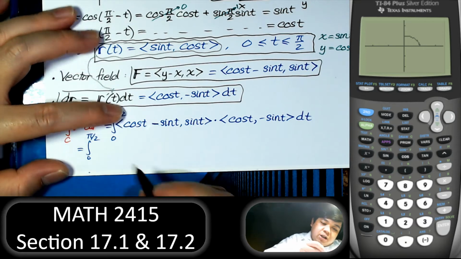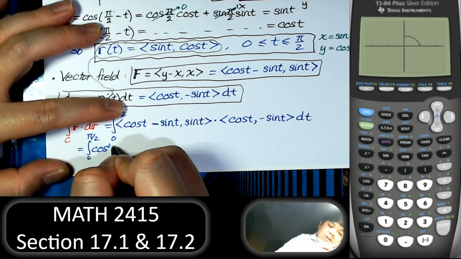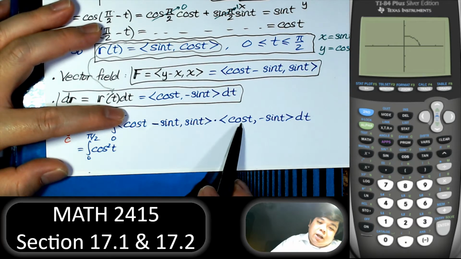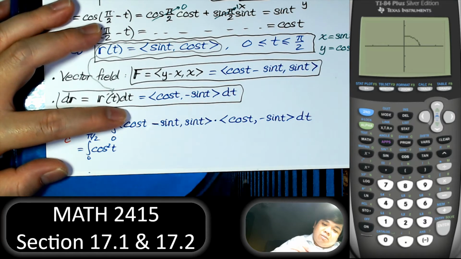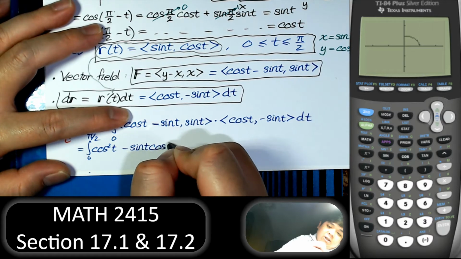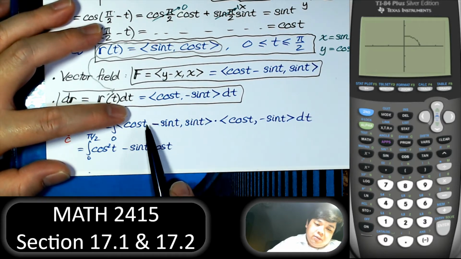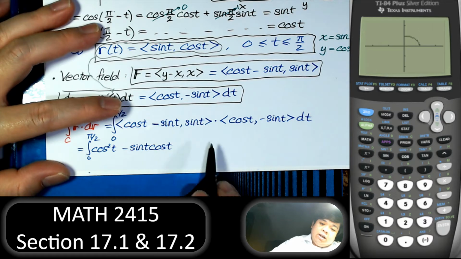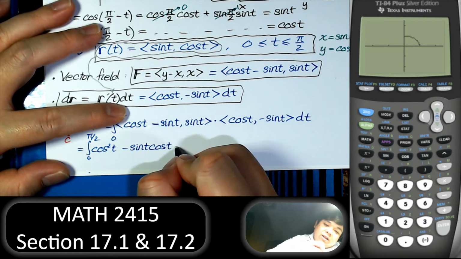Cosine times cosine is cosine square. Cosine times sine, that is minus sine t cosine t. And then sine times negative sine.